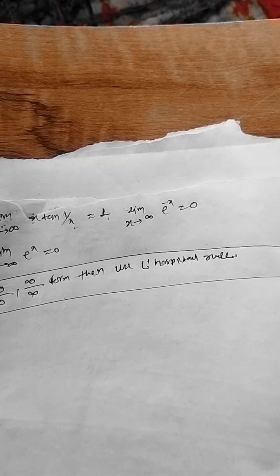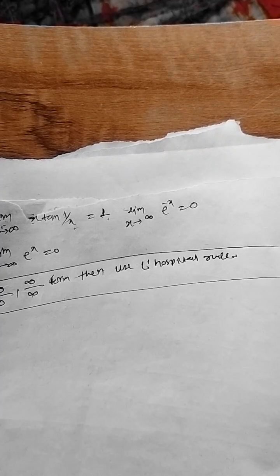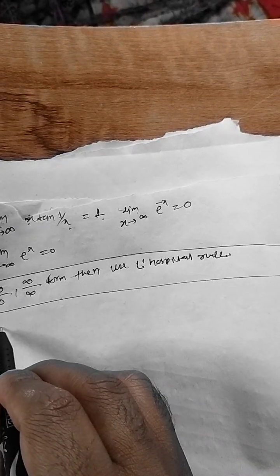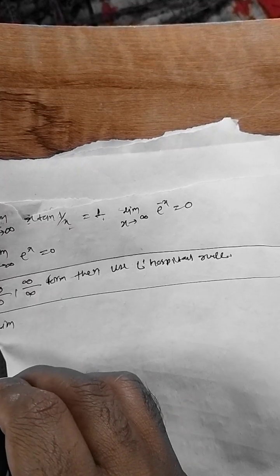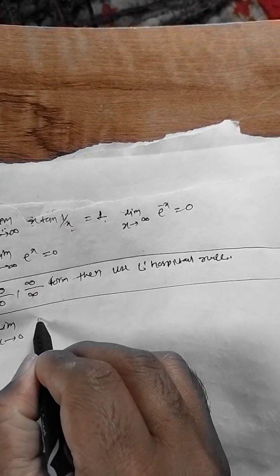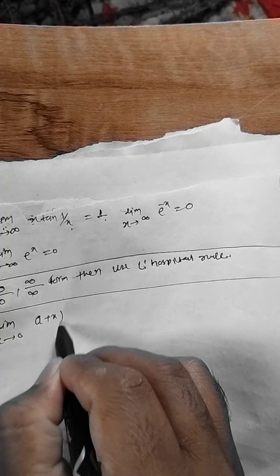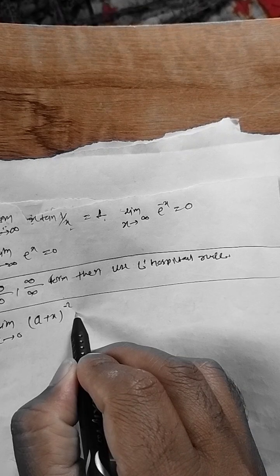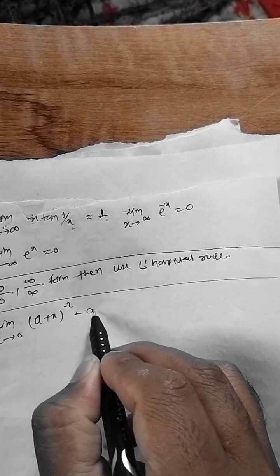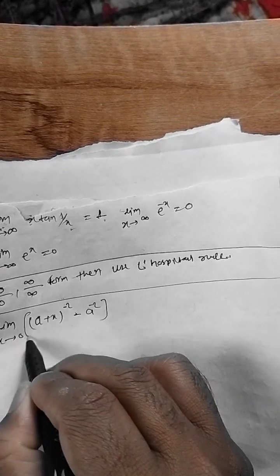First problem of limit. Let us study limit x tends to 0 of (a plus x) raised to minus 2 minus a raised to minus 2.